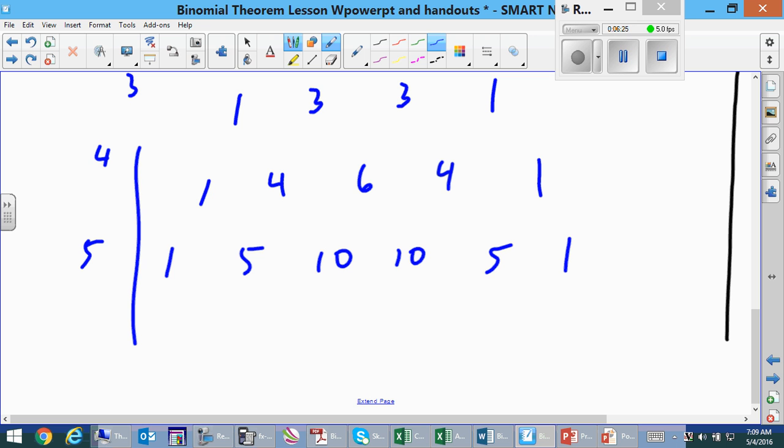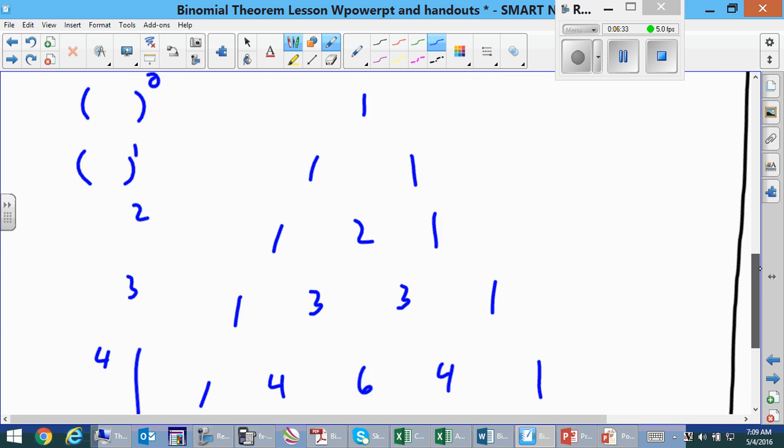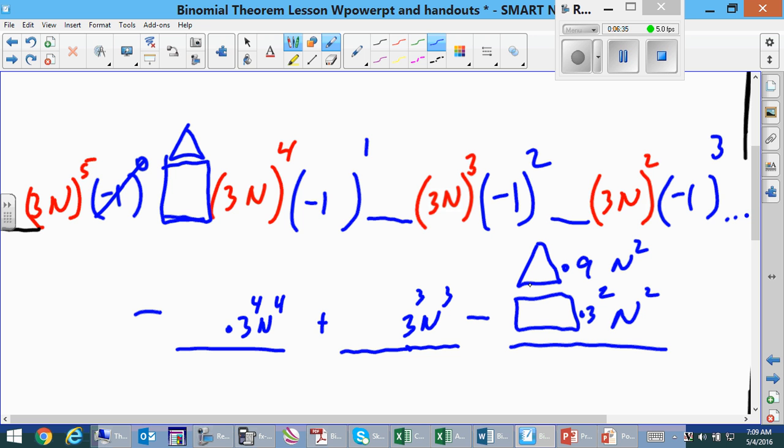Moving terms out of the triangle, this is the coefficient on the first term, the coefficient on the second term, third term. We are going to use the coefficient of 10 on this term in our binomial expansion. So when we do the multiplication, we have 10 times the 3 squared times the n squared times -1 to the third power.